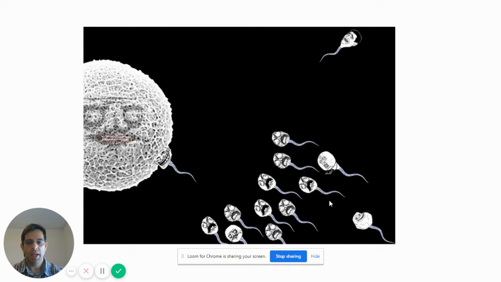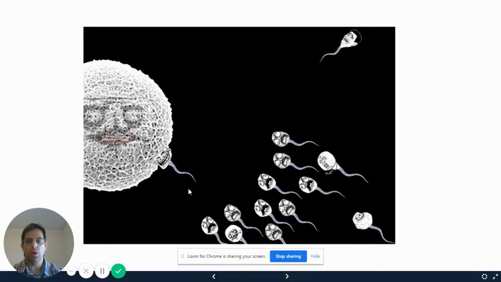And of course, only one sperm is able to break the membrane of the egg. Remember, we're talking about a cell, so this is a cell membrane. So only one sperm is able to break this membrane and get into the egg and fertilize it, making the zygote.